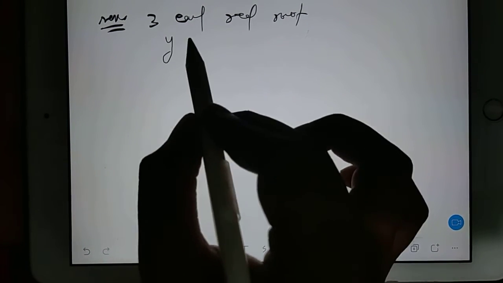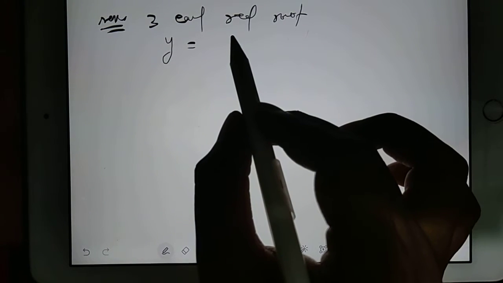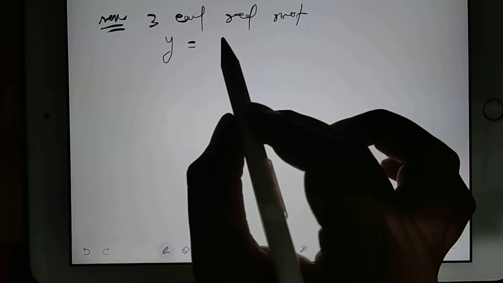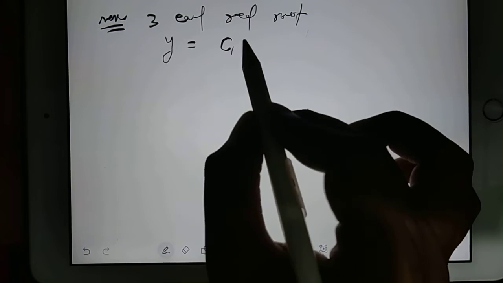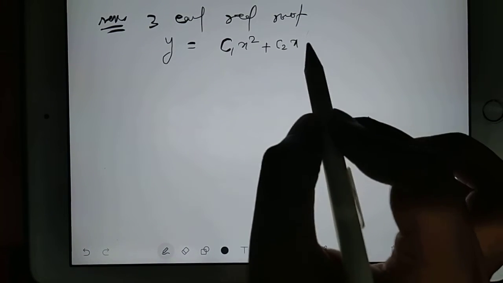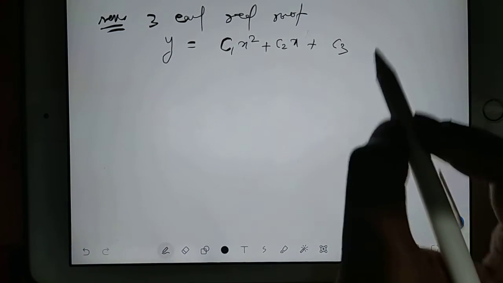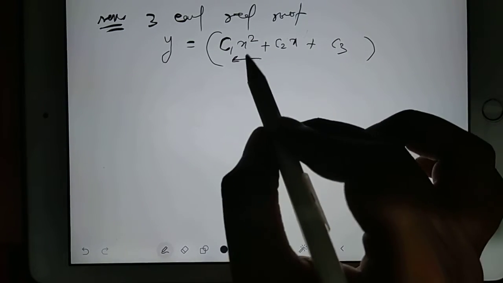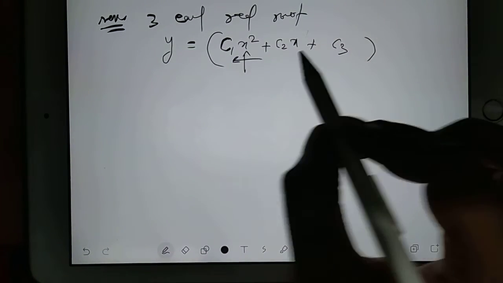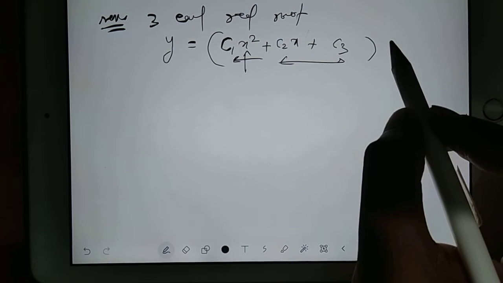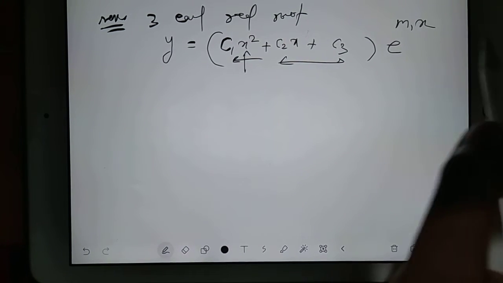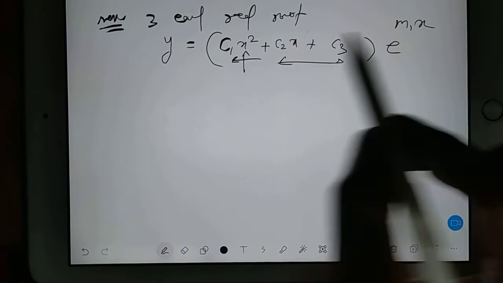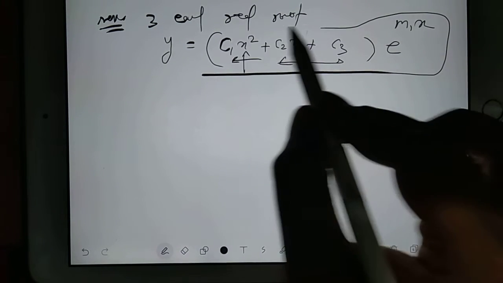Your y will be equal to (c1x square plus c2x plus c3) e power m1x. You can see one term got added here. This much is similar, and e power m1x. However many roots are the same, I added them.